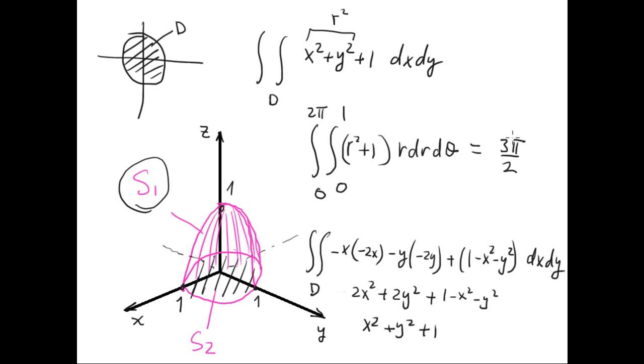Okay, this is the flux through surface one. Let's move on to surface 2. Well, surface 2 is different because on surface 2 the unit normal vector is like that, it's 0, 0, negative 1.